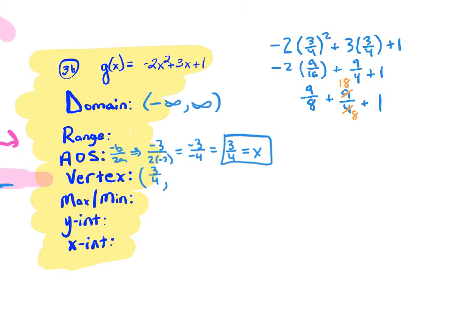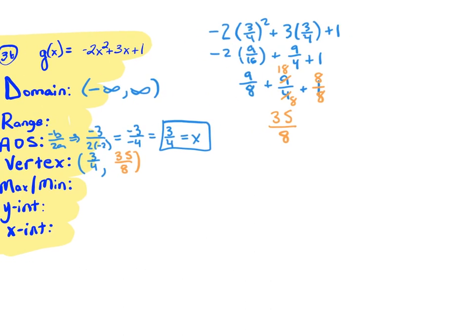And then here, multiplying the top and the bottom by 8, we have 8 over 8. So this is 9 plus 18 plus 8, which is 27 plus 8, so 35 over 8. So our vertex is 35 over 8 for our y value.